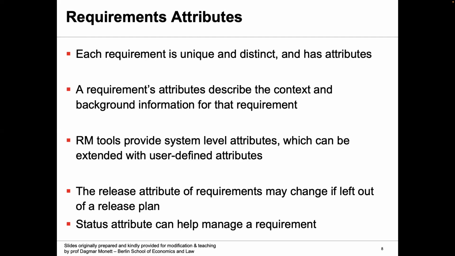Okay, the second point is that requirement attributes describe the context and the background information for that requirement. So what do these attributes help us with? They establish context and background for each requirement. And you can store all of this either in a spreadsheet, or you can just write it down in a document, or you have a requirements management tool where you can record all the requirement attributes.